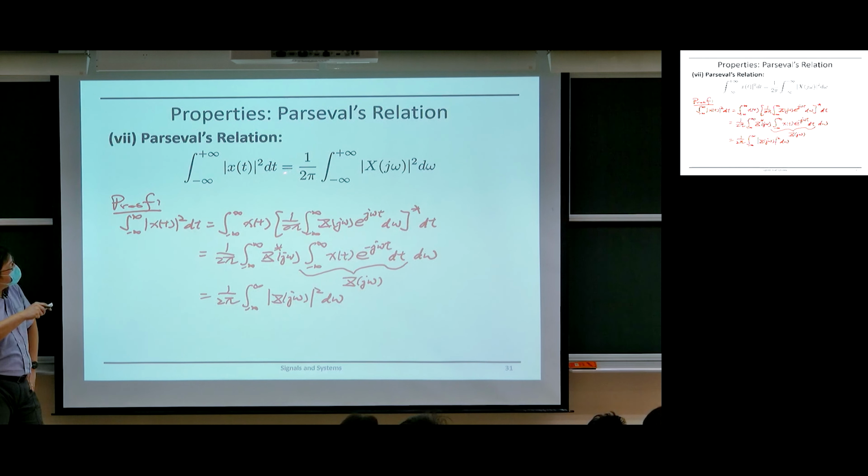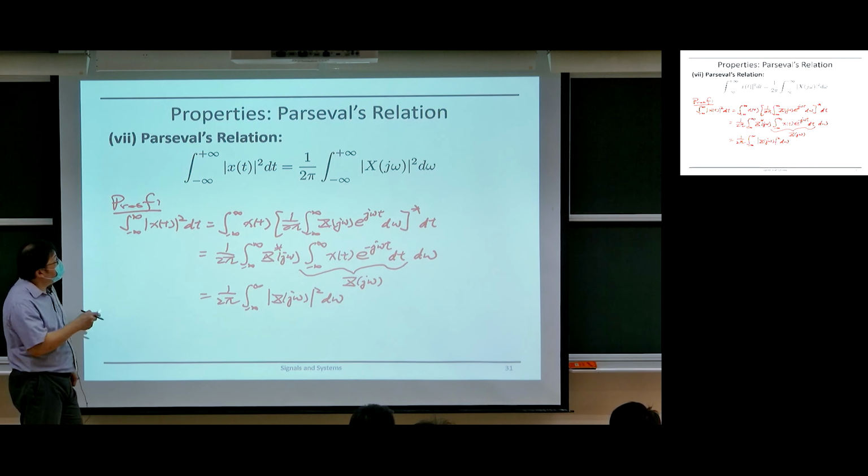So this is saying that computing the total energy of the signal is equivalent to computing the total energy of the signal in the frequency domain. This is reasonable. If you want to compute the total energy, it should be the same computing this in the time domain as computing it in the frequency domain.